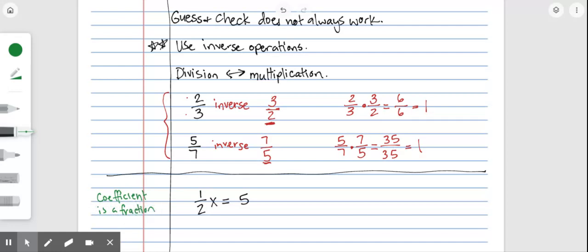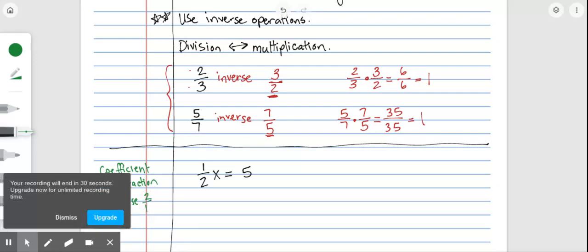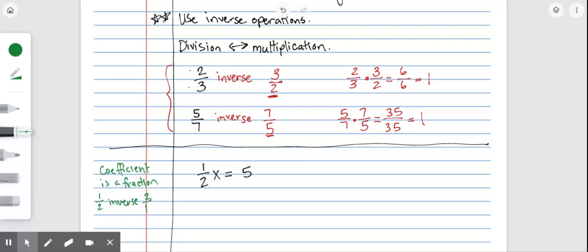So for these ones, we have to multiply by the inverse. So 1/2's inverse is I'm just flipping the 1 and the 2. The inverse of 1/2 is 2/1. So then I'm going to multiply by 2/1.